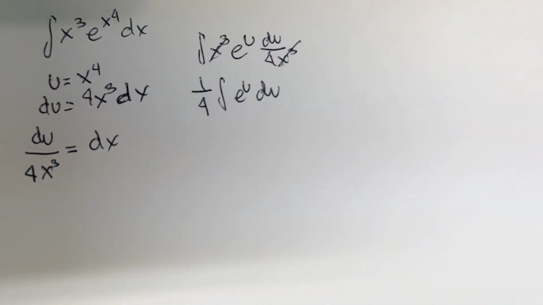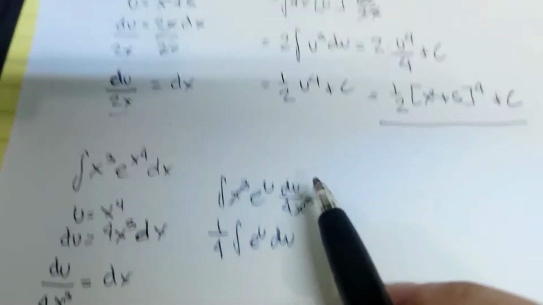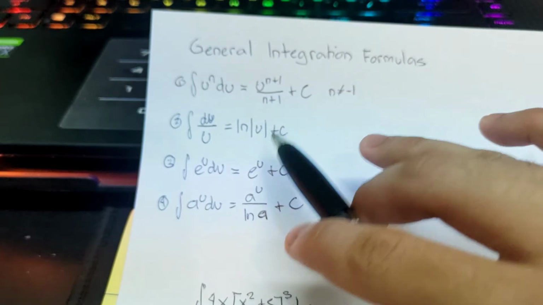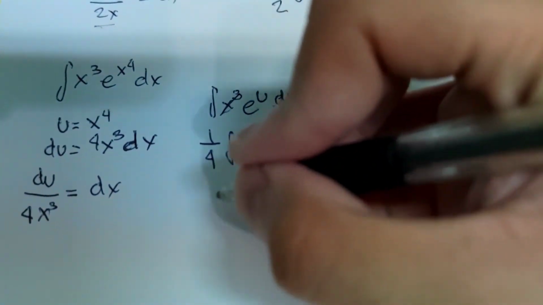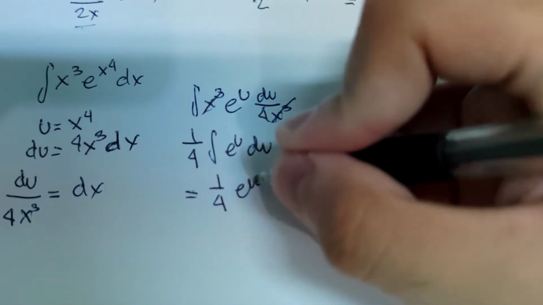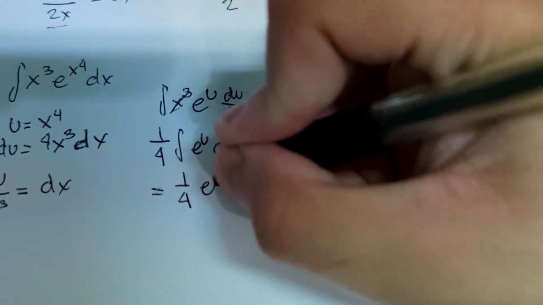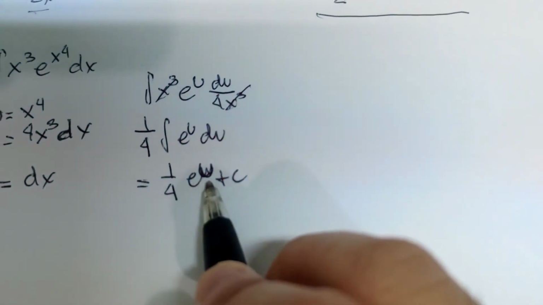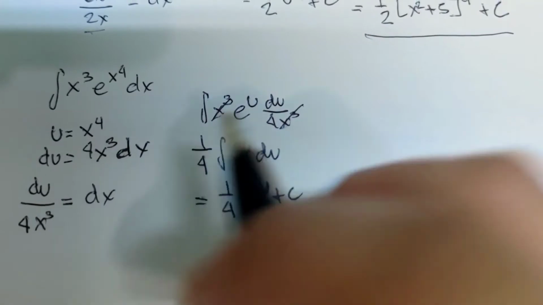So let's take the antiderivative of e to the u du, which is equal to e to the u plus c. We can use our general integration formulas here. So this will be equal to 1/4 e to the u plus c. Let's replace u, which equals x to the 4.